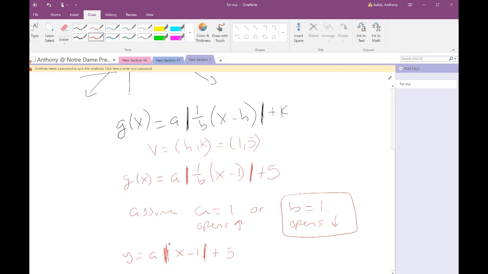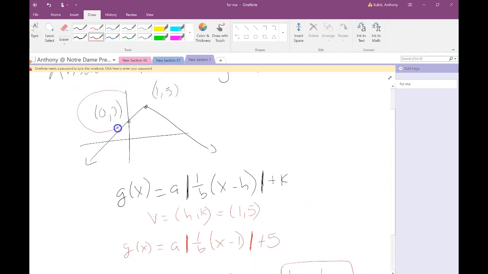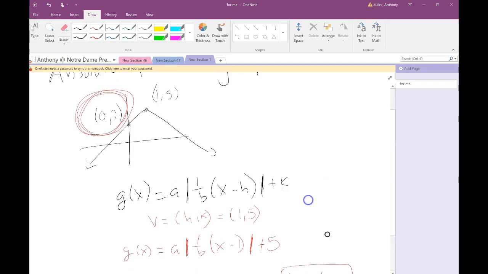That's okay, because we still need to figure out what A is, right? So that's the last thing I need to do. Notice there was some piece of information here in the beginning that we haven't yet used. So I'm going to use that. That is an X and a Y, right?